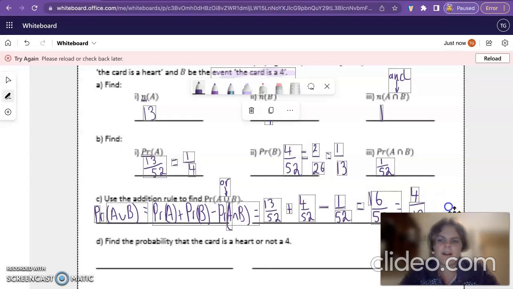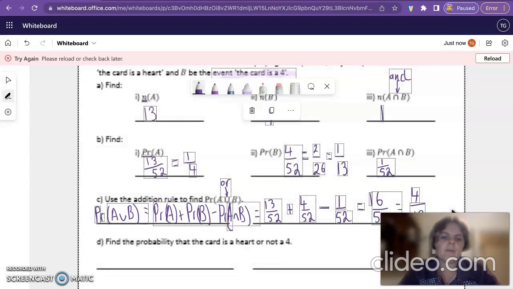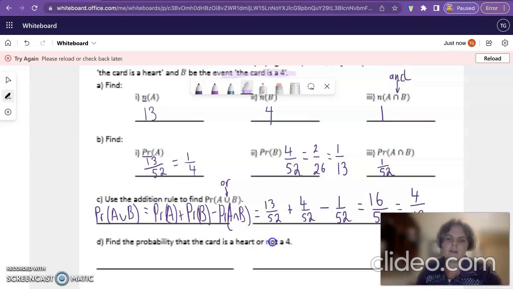Now we got to find our last part here. The probability that a card is a heart or not a 4. So remember, not means our complement, the dash.